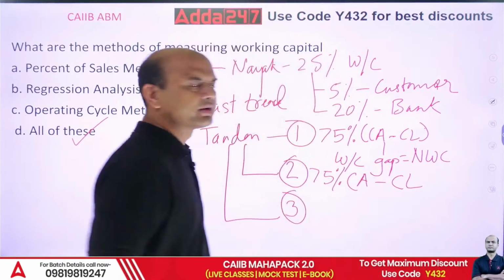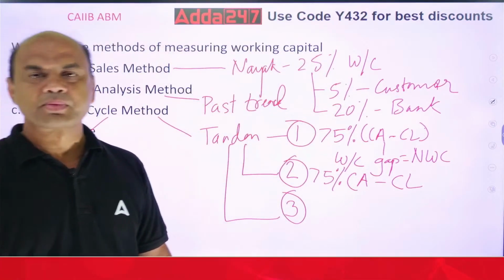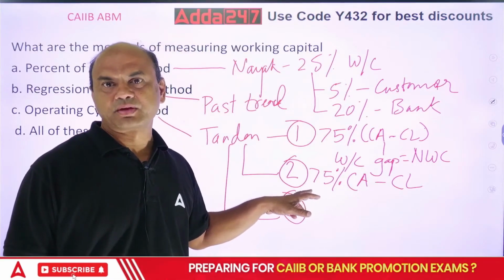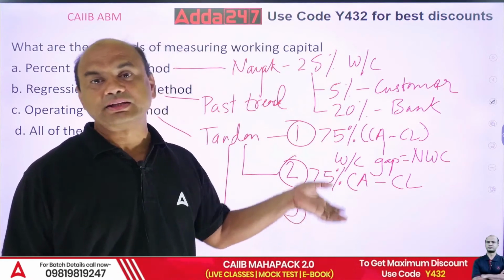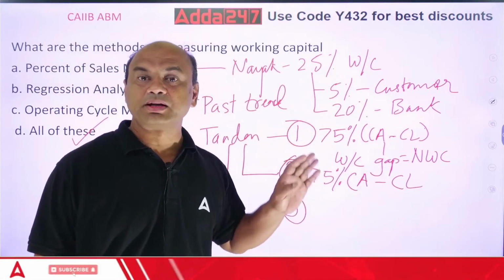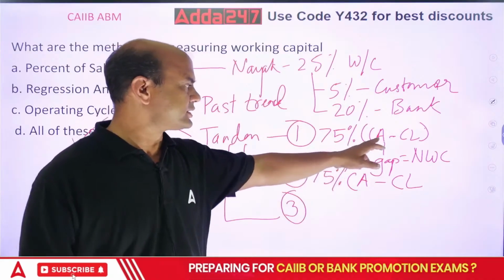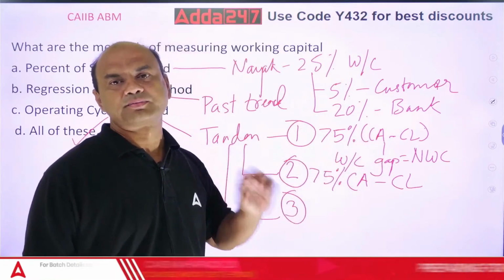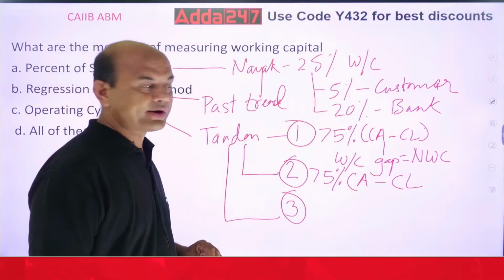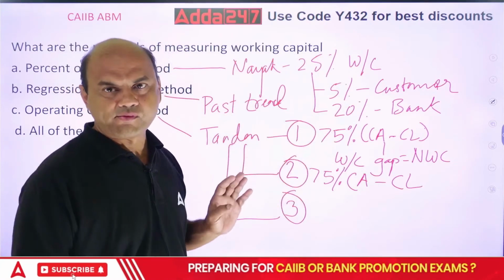See the difference: first you multiply current asset by 75%, and then subtract the current liabilities from that. Here the bracket, here no bracket. This is Tandon Committee method 2.